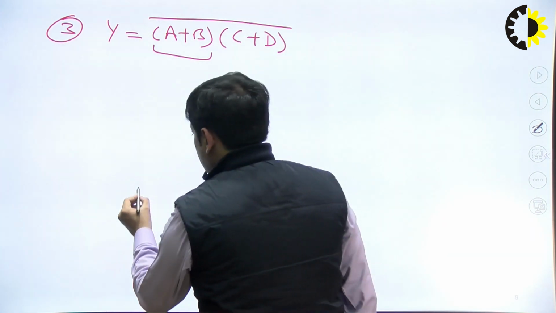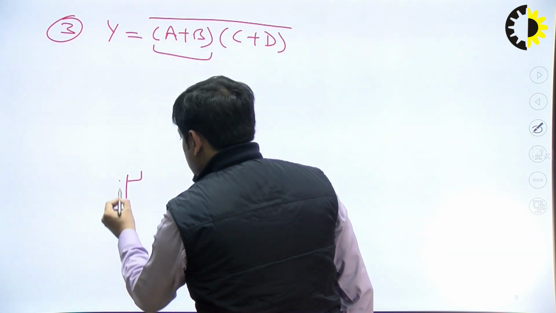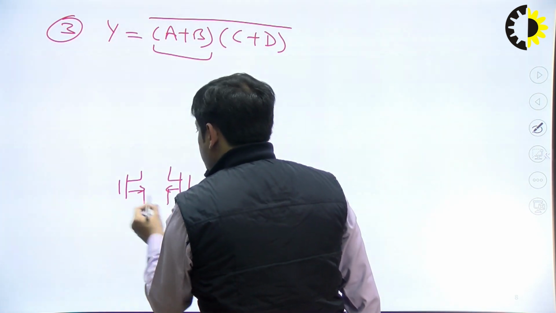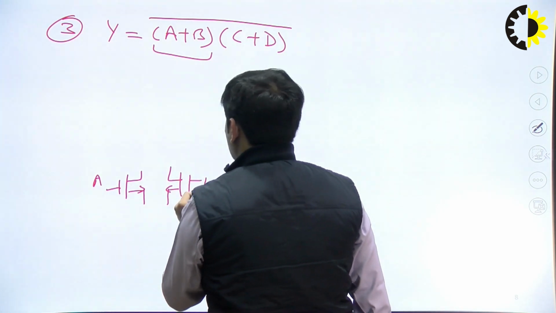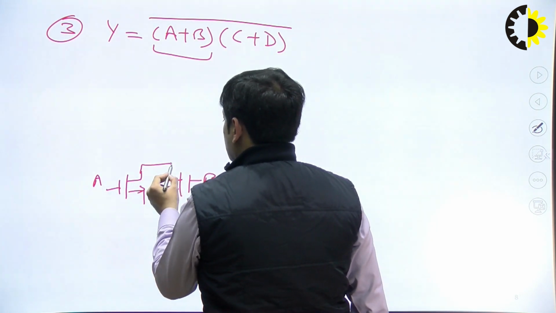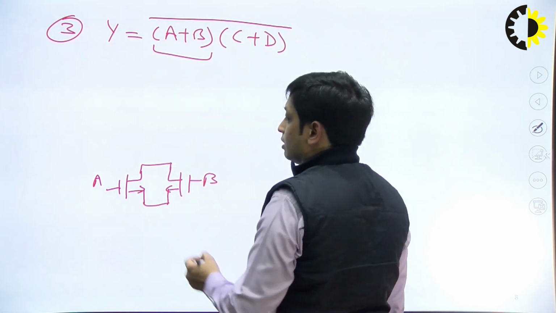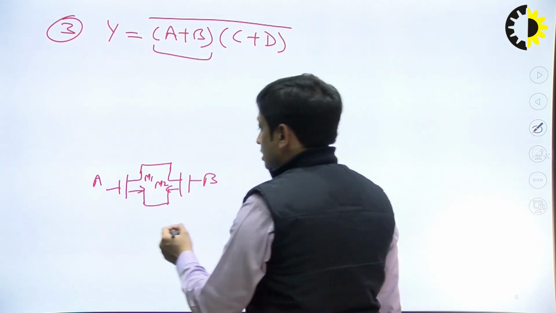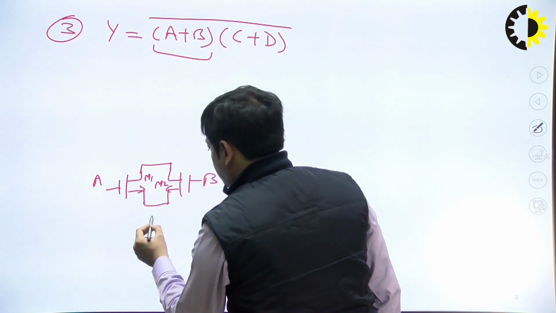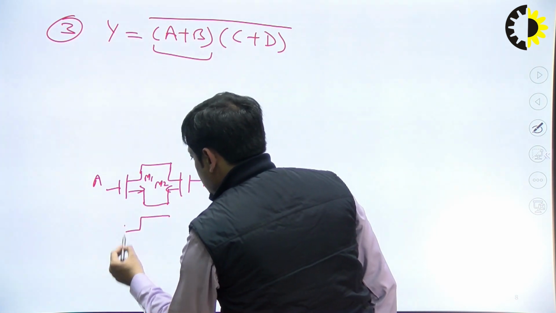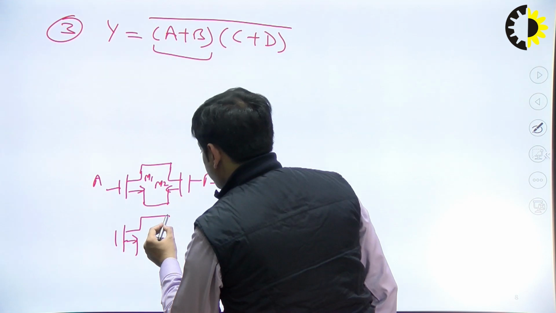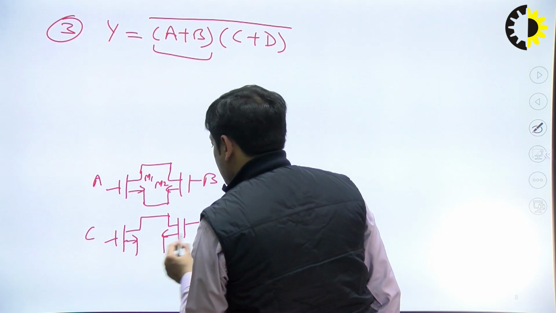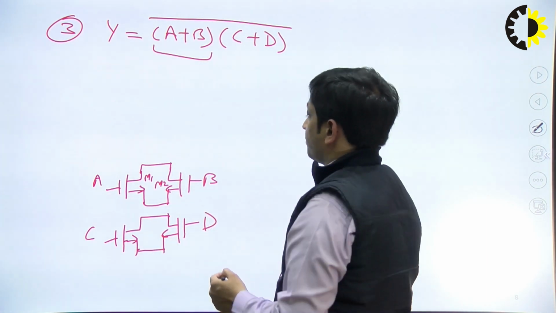So just take 2 NMOS transistors whose inputs are A and B, and they will be connected in parallel. Let's take, this is M1 and M2 transistor. Similarly C plus D, so we will require 2 more transistors whose inputs are C and D, connected in parallel because of the OR operation.